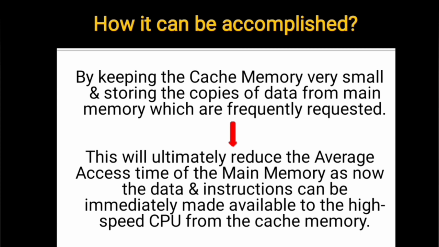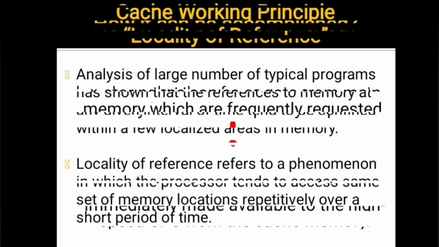Basically, whatever data is frequently requested, we keep a copy of it in the cache memory so that when any future reference comes, the data can be read directly from the cache memory instead of the main memory. This is the reason we have this small size cache memory between the CPU and the main memory.